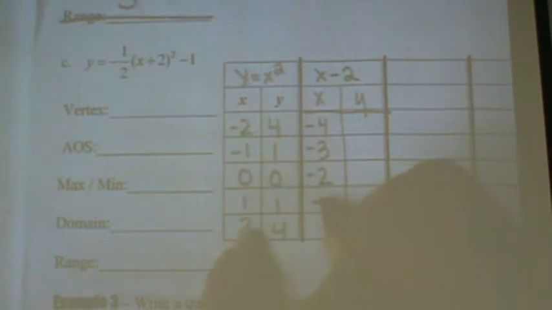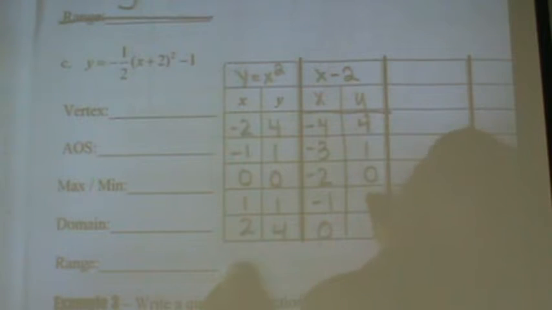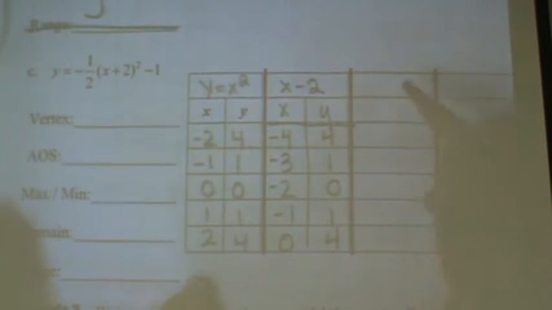X minus 2. Good job. Take your x values and subtract 2. So if we subtract 2, we get negative 4, negative 3, and so on. Keep your y's the same: 4, 1, 0, 1, 4.